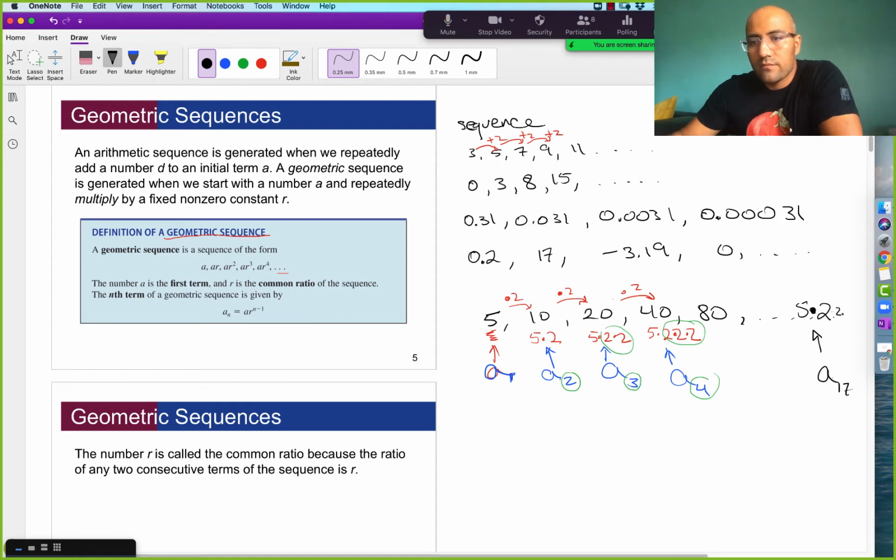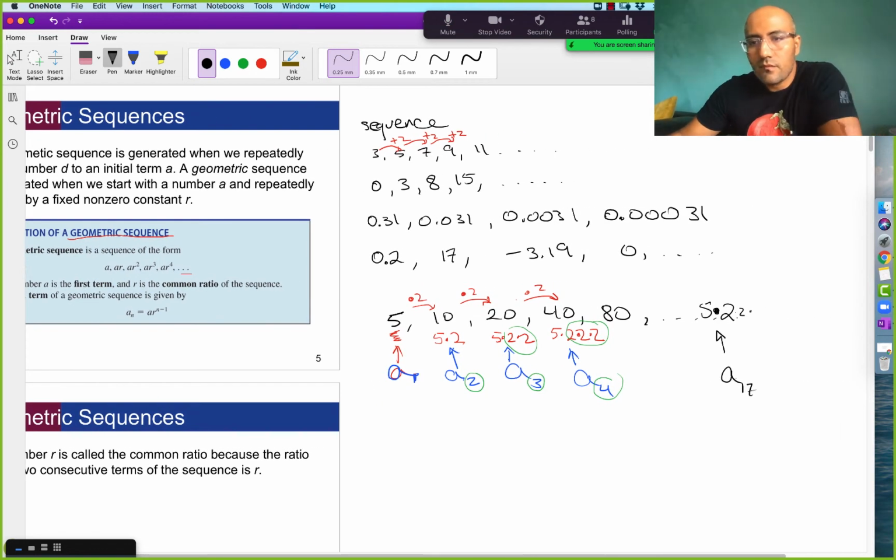Times 2, times 2, times 2, dot, dot, dot, another 2. There's going to be 16 of these. 16 times. Is that okay? Following this pattern. All right. There's 1 copy of 2 there. There's 2 copies of 2.